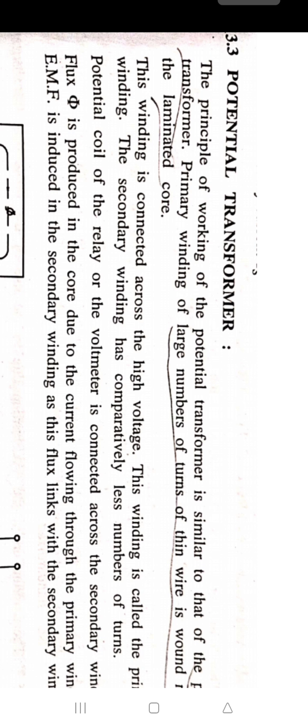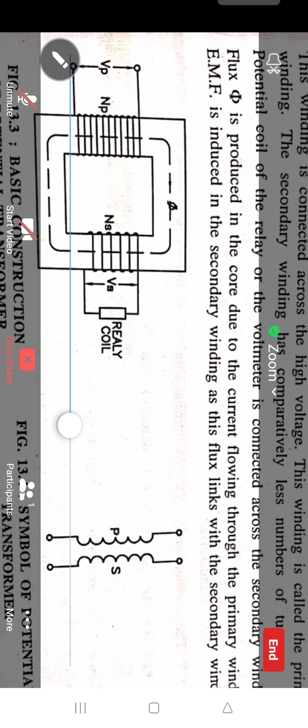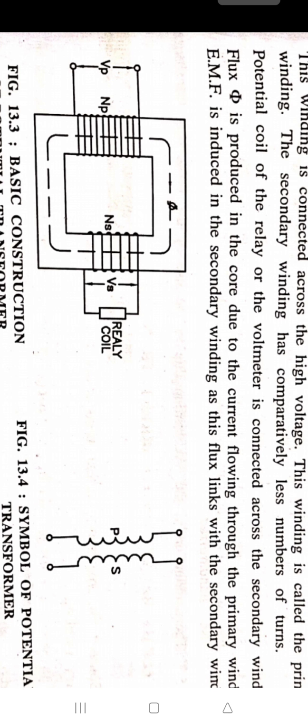In which type of transformer? Current transformer. And in a potential transformer, on the primary side there is very high voltage, so we use a large number of turns on the primary side. The secondary winding has fewer turns. The potential coil of the relay or the voltmeter is connected across the secondary winding to measure our voltage.